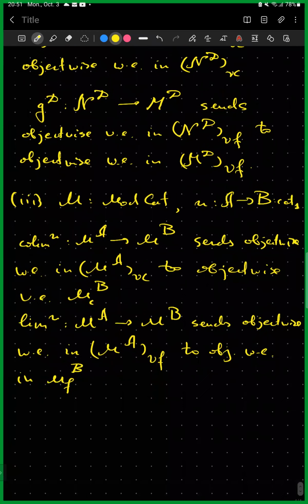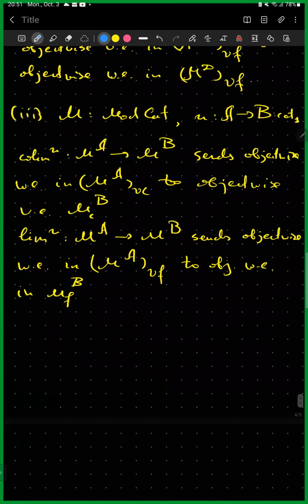Okay, and now we can prove the statement, which afforded us all these results about existence of homotopical limits, etc.